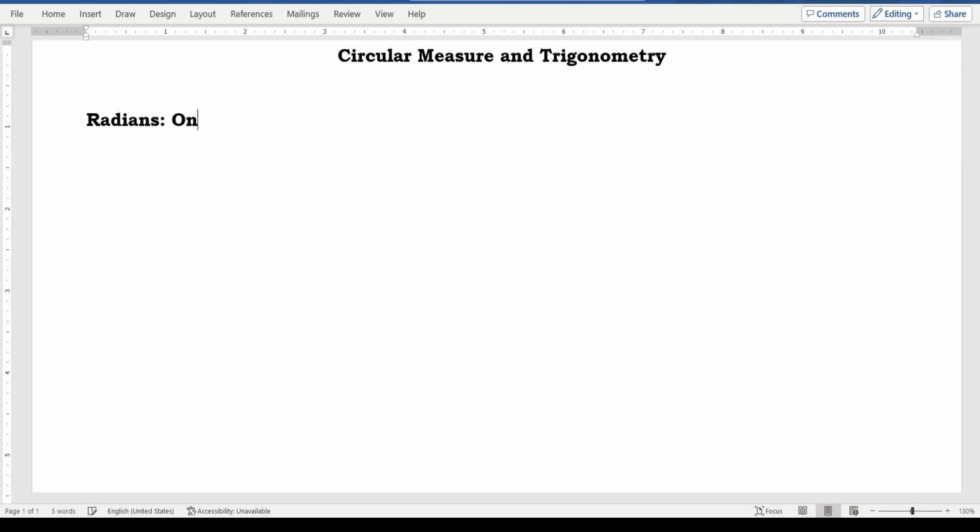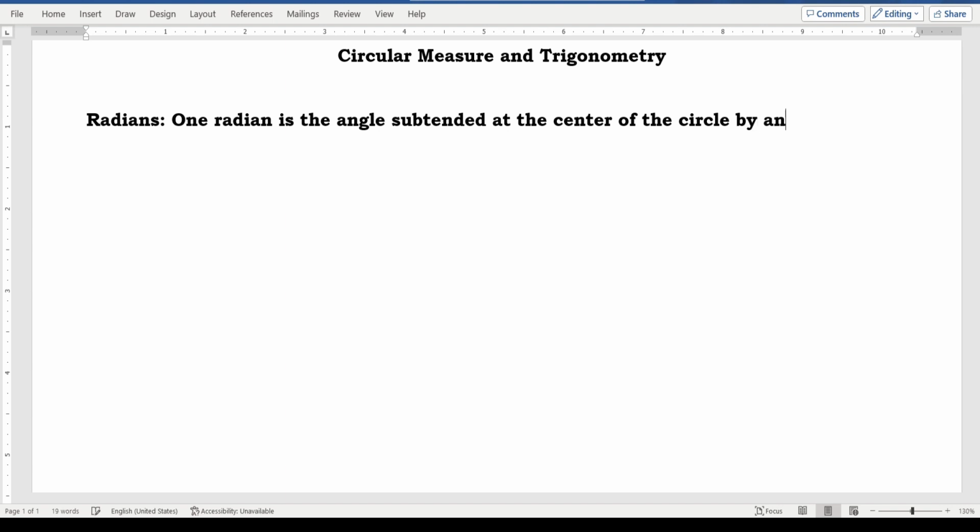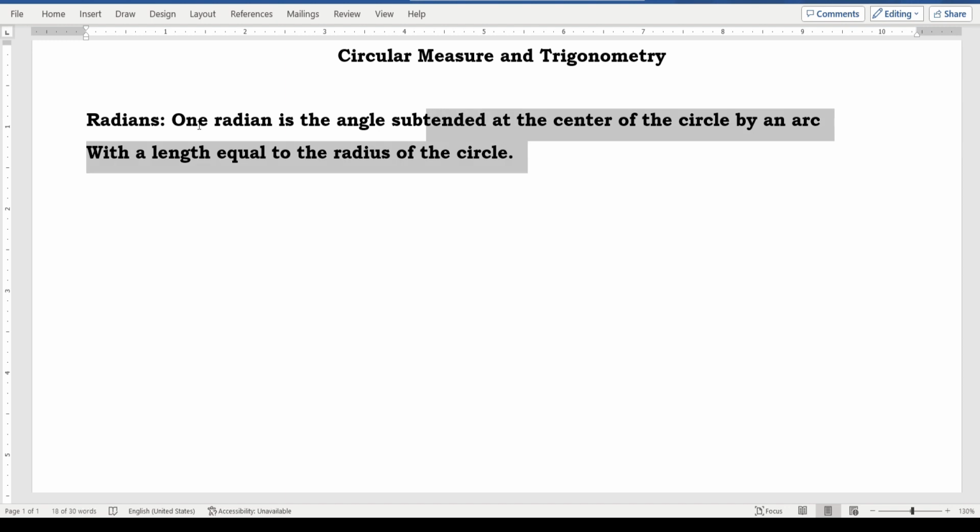So 1 radian is the angle subtended at the center of the circle by an arc with a length equal to the radius of the circle. This is called 1 radian.